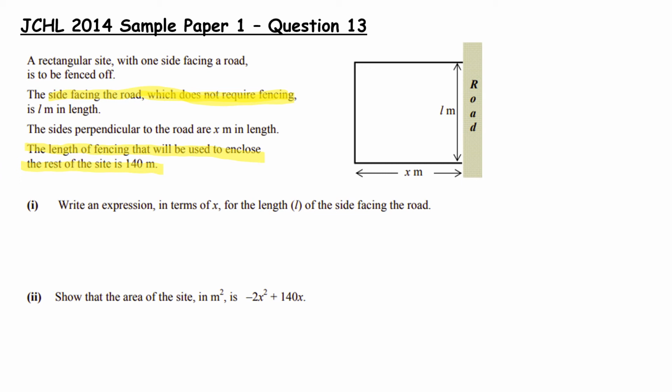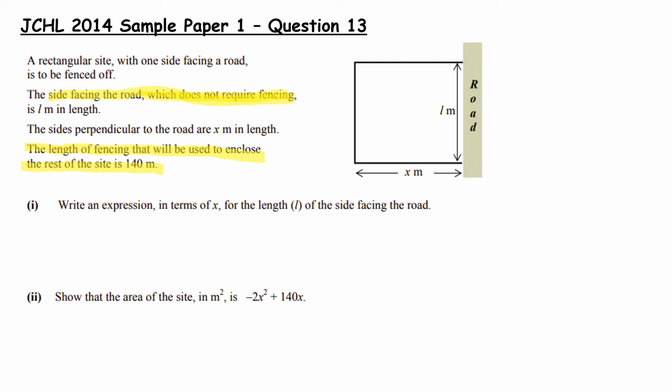Sometimes you might have the majority of the numbers given to you on the diagram. Sometimes there'll be pieces that won't be able to be put on the diagram. So part 1, write an expression in terms of x. So that means the expression will have x's for the length of the side facing the road.